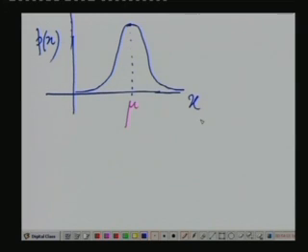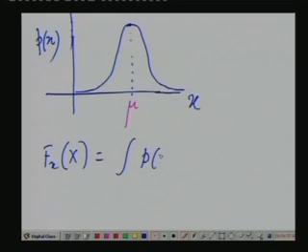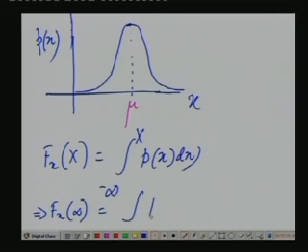And one thing we have seen, that what is px after all? It is the derivative of fx, which means fx is nothing but the integral of px dx from minus infinity to capital X. That means fx at infinity is nothing but the integral of this from minus infinity to infinity, and since that is equal to 1, we have this thing equal to 1, which means this probability density function has a total area under it equal to 1.